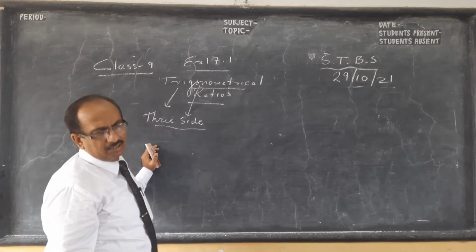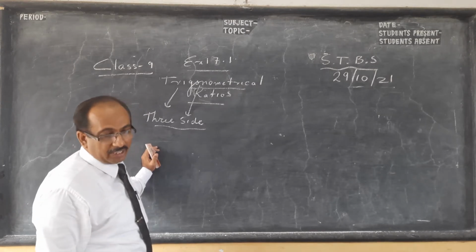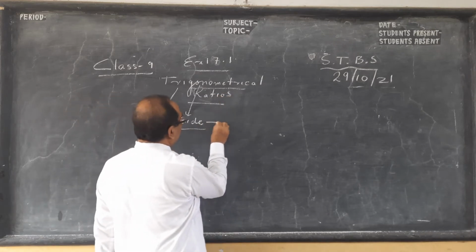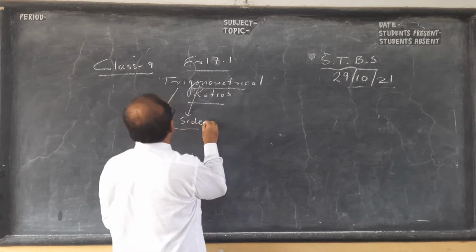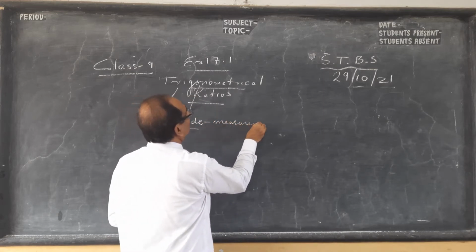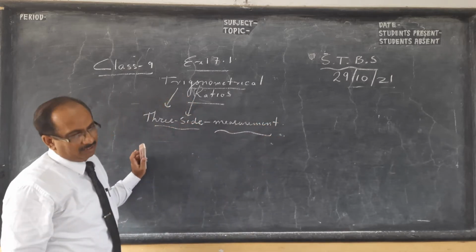Triangle, tricycle, tripod I am using for recording. Tri means three, gon means side, and metrical, or what we call metri, means measurement. So in short, you can tell children it is measurement of triangle.